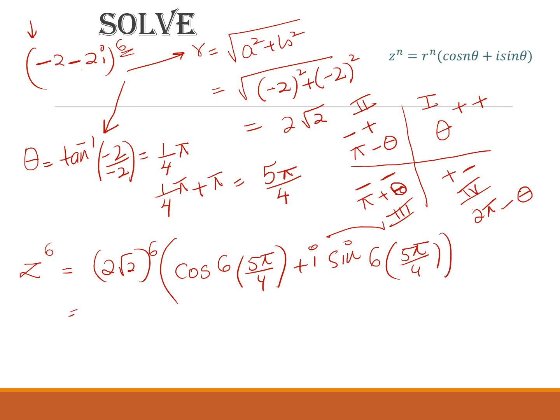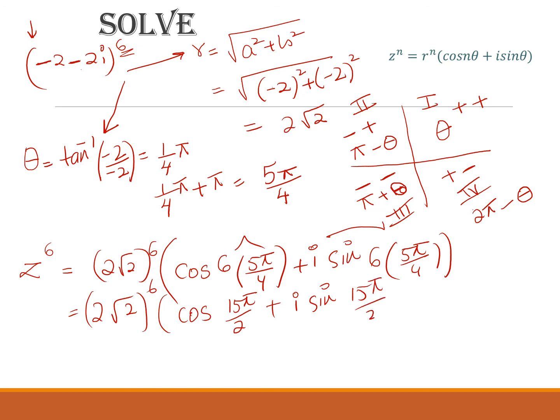Before writing into the calculator for the final answer, it is necessary to simplify the theta. So 6 times 5 pi by 4 gives you 15 pi by 2, so cos 15 pi by 2 plus iota sine 15 pi by 2.